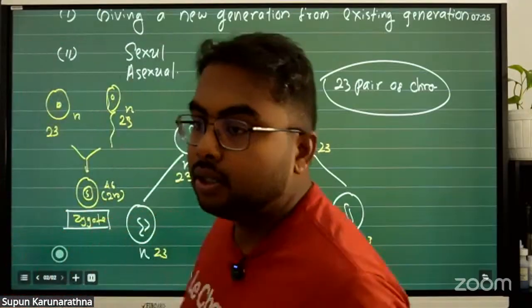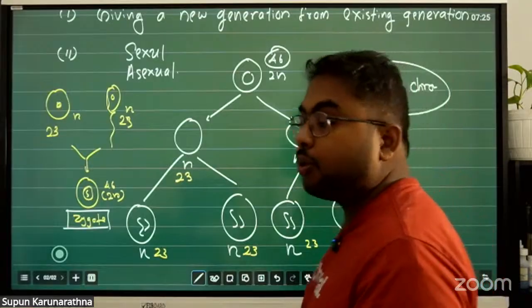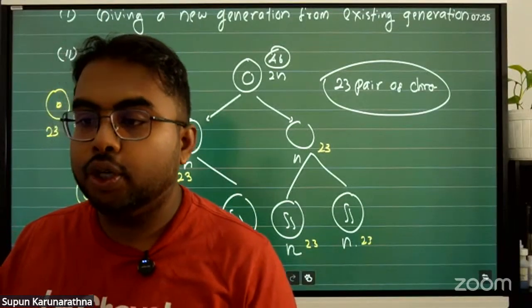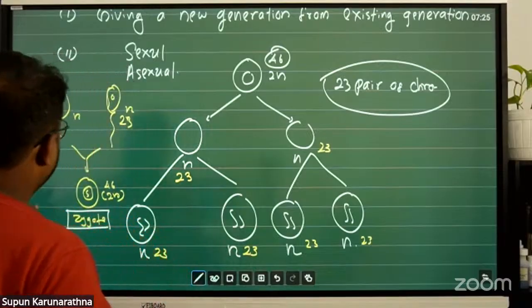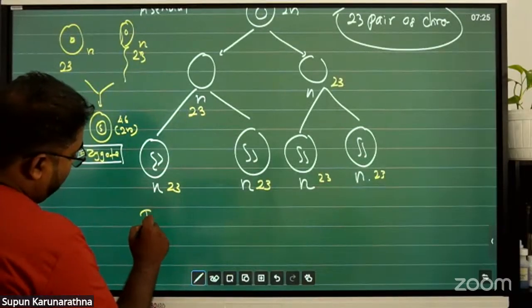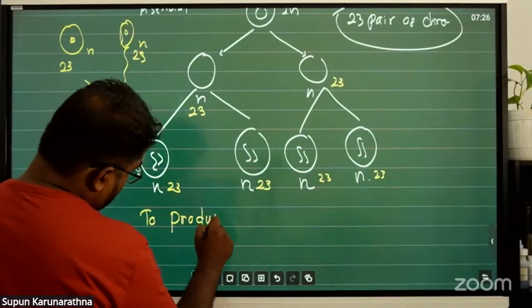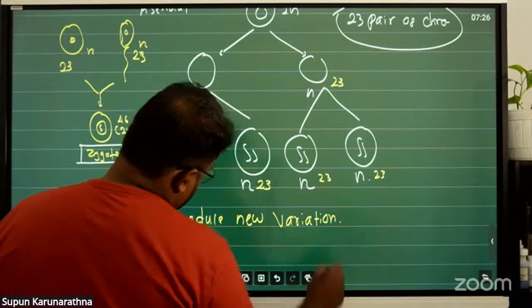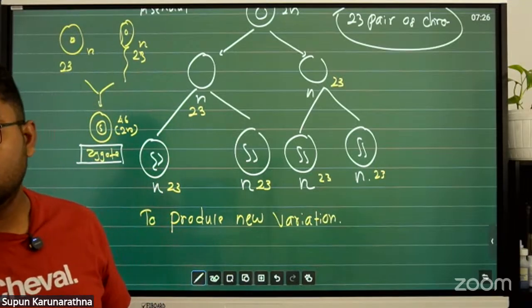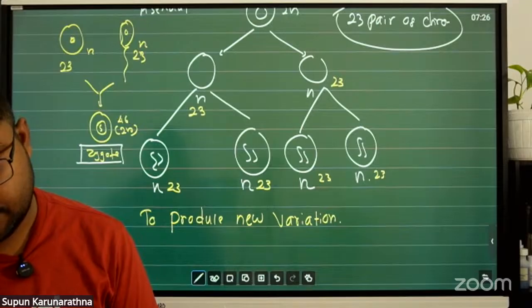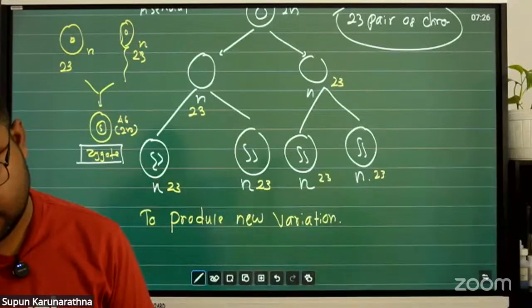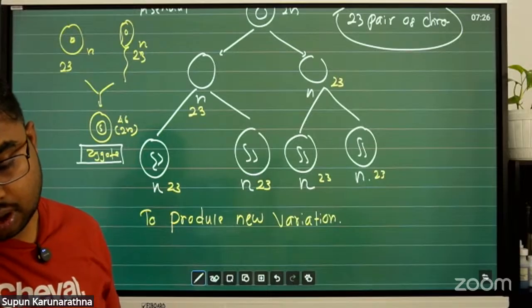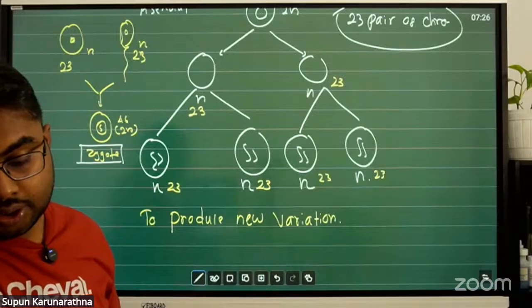Your answer should be correct: it should be changed to produce new variation, to produce new variation for evolution.